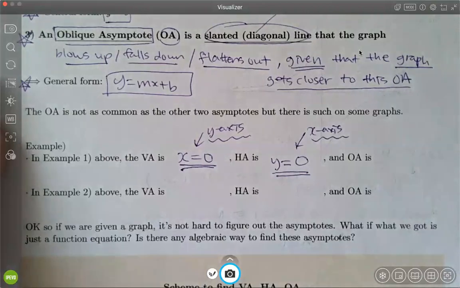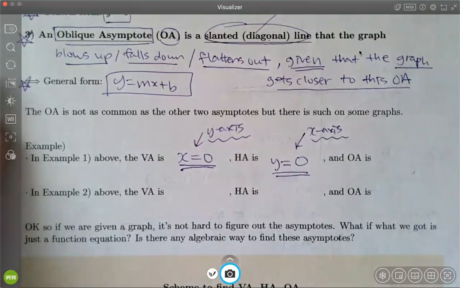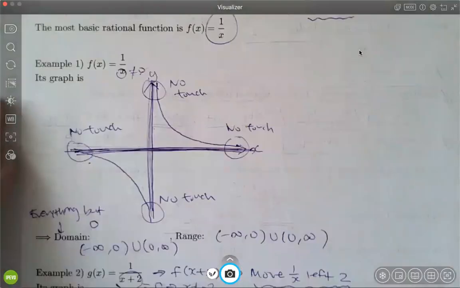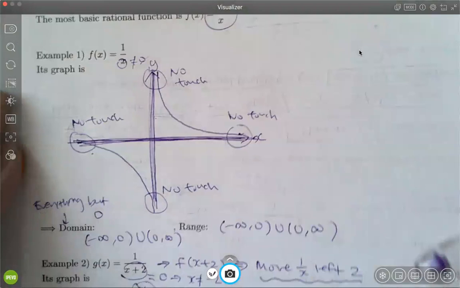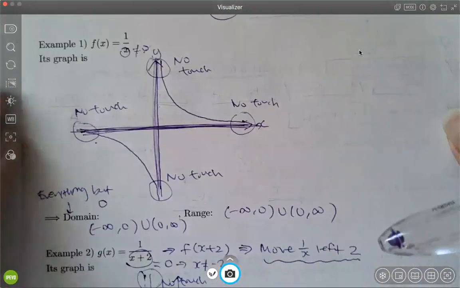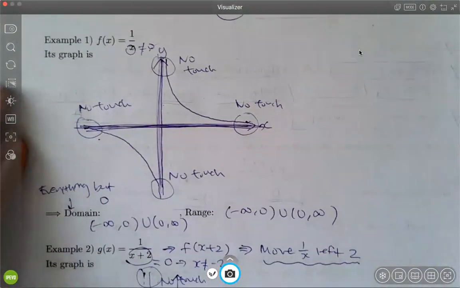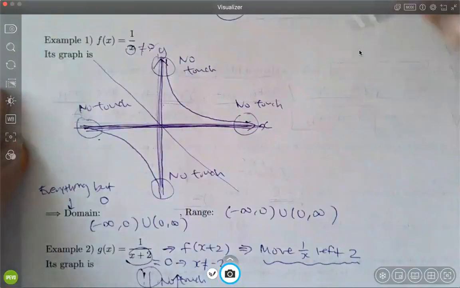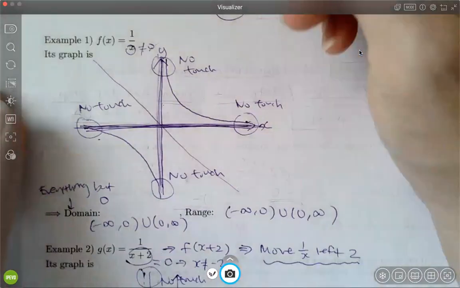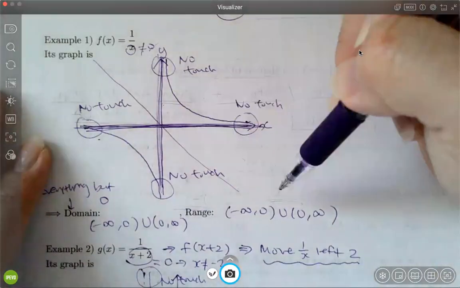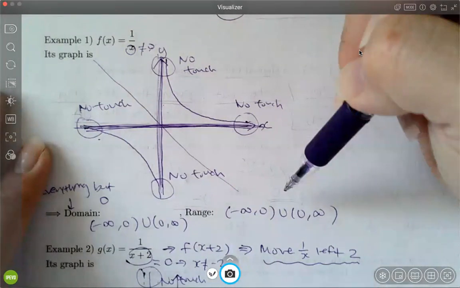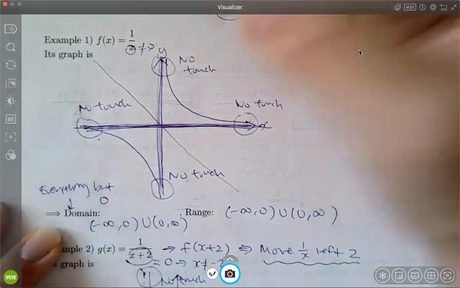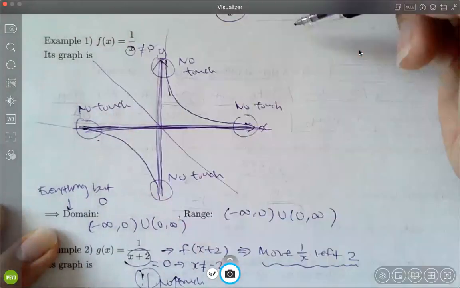And now, is there any oblique asymptote for 1 over x? Most people say that is the oblique asymptote because the graph is blowing up from this. But is this the oblique asymptote? The answer is no. And why not? Even though the graph is blowing up, what's the problem?